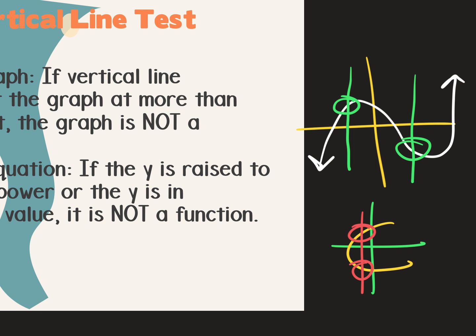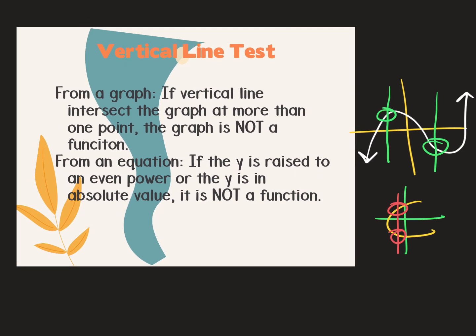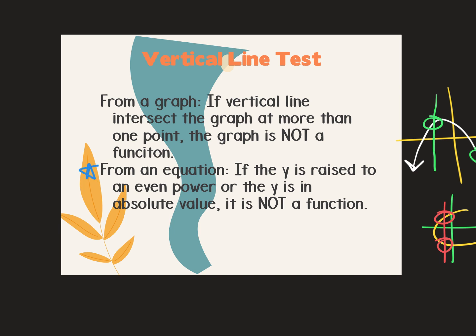Does that make sense? And then you could also be given an equation. And this is where you guys got to pay attention. What have we been focusing on the last 2 things I talked about? Lists and with the graph. What letter? X. So here, from an equation, if y is raised to an even power, or if y is an absolute value, it's not a function.